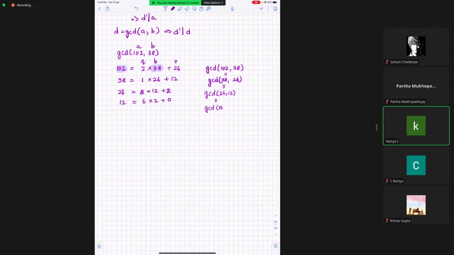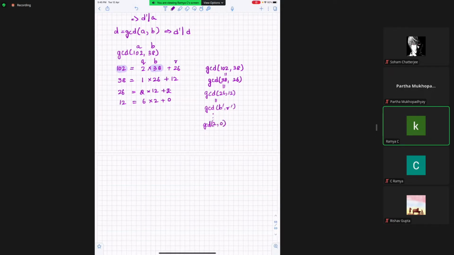In the end, if you keep doing this, you'll get the GCD of 2 and 0. So you'll get that the GCD is 2.